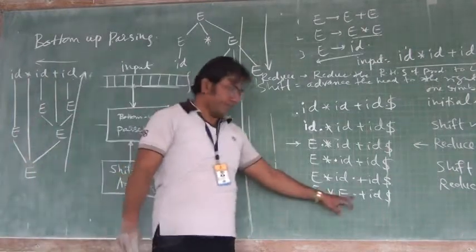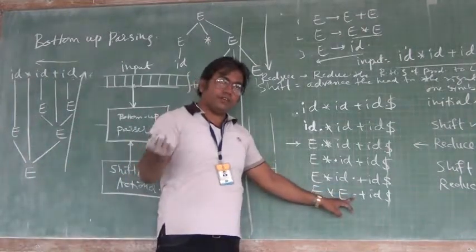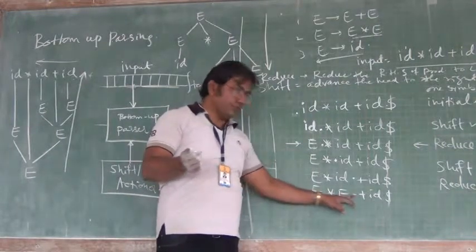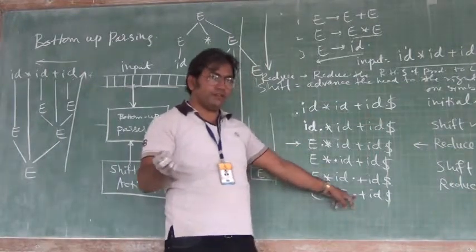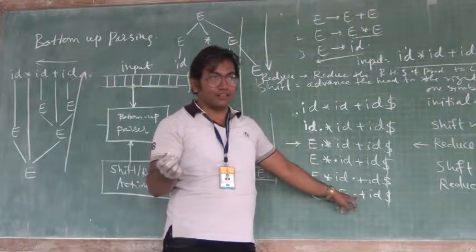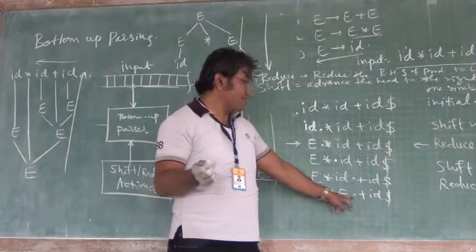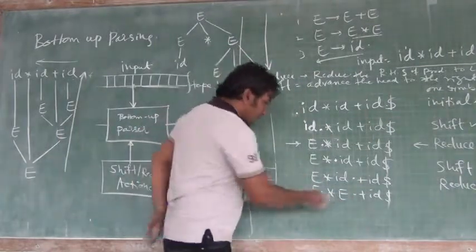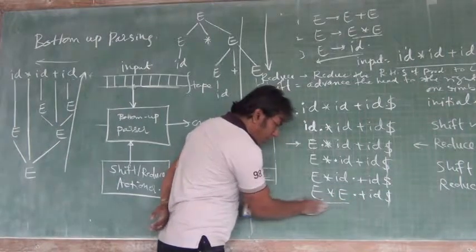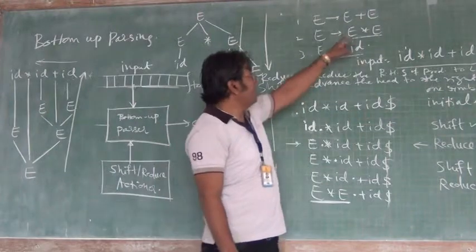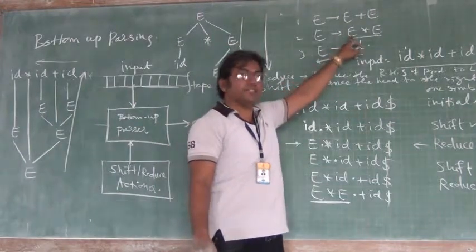So after reducing, what do I get? Now being here, think for reduce or shift. To reduce, are you able to reduce here? Do you want to reduce or shift? Reduce. See, at the right hand side, if you see this pattern, you are really finding it at the right hand side of the list of your productions.